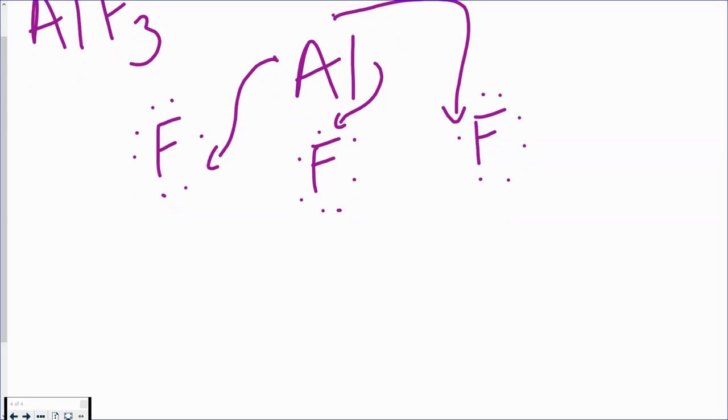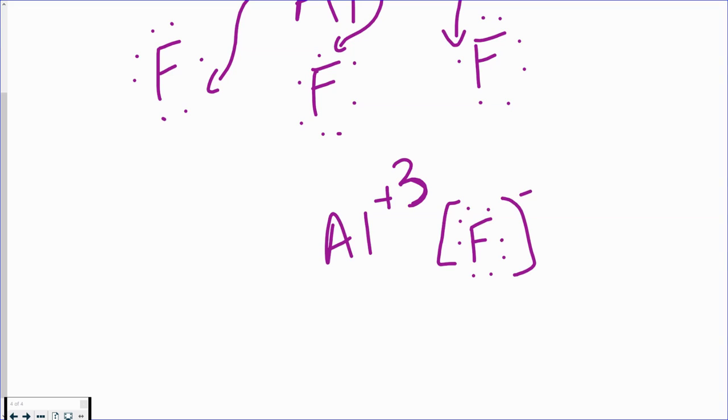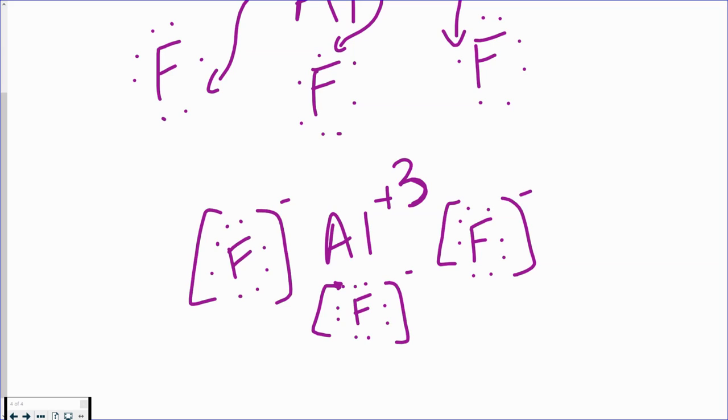By transferring those 3 away, it gains a +3 charge. And then we have to put the fluorines in brackets with a -1. And there are 3 of them. That gives us aluminum fluoride.